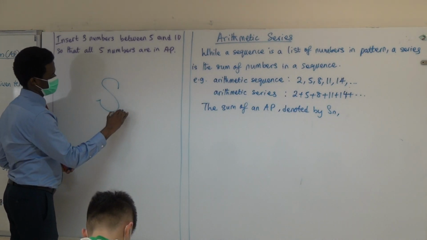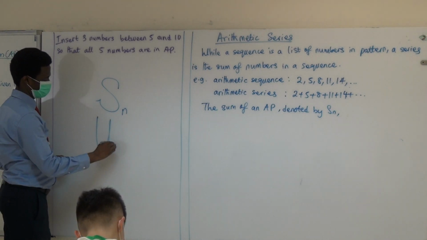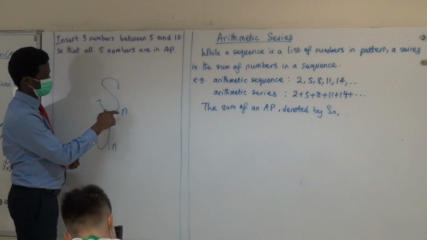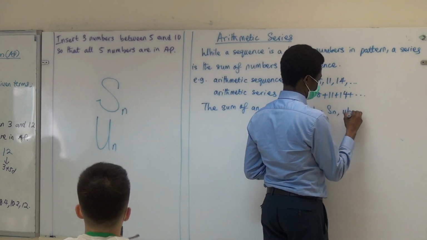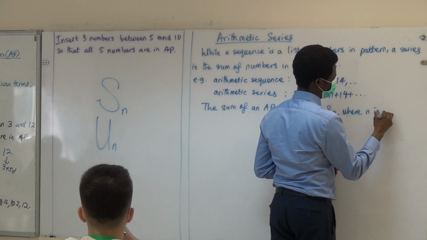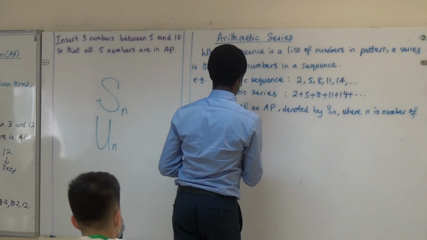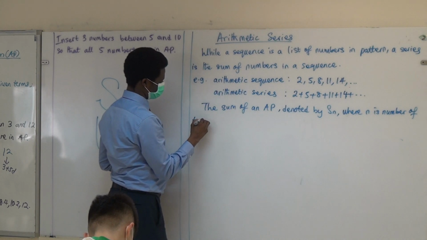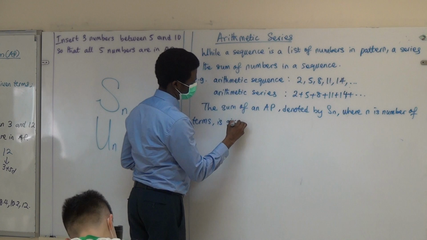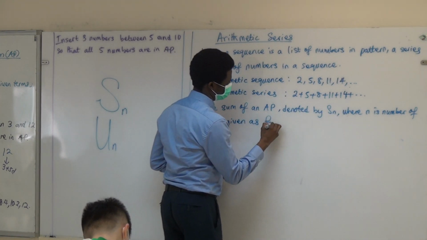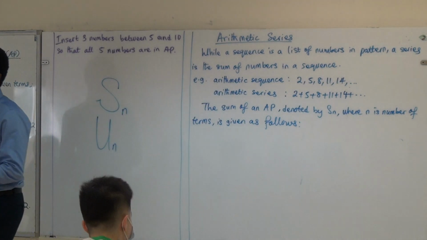S subscript n, just like Un. Okay, subscripts, where n is the number of terms. The sum is given as follows. So let's bring out what our sum will be.